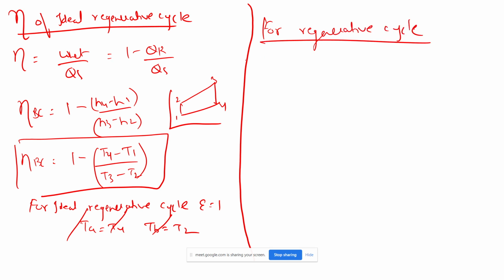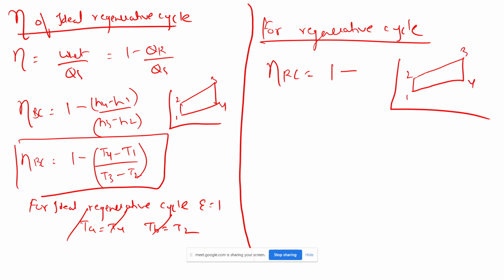The efficiency for the regenerative cycle will be 1 minus. Here heat addition and rejection will change. TB minus T1. 1, 2, 3, 4. What was this point, TB or TA?